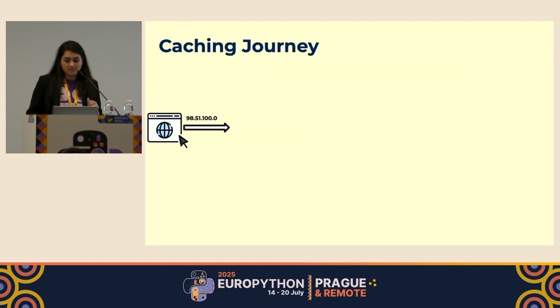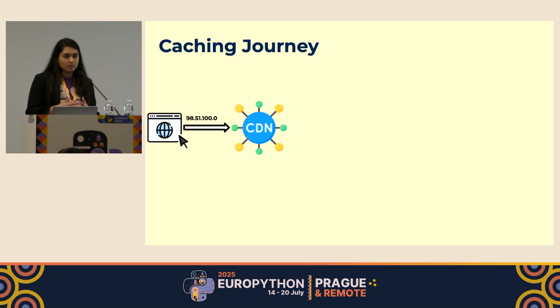Now that the IP address is resolved, our browser wants to query the application server. But more likely, the IP is of a content delivery network. A content delivery network, or a CDN, is a globally distributed network of servers that caches static content, like images, HTML, JavaScript, closer to the users, significantly reducing load times.